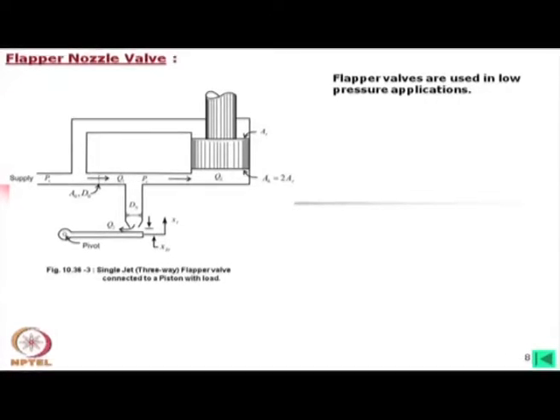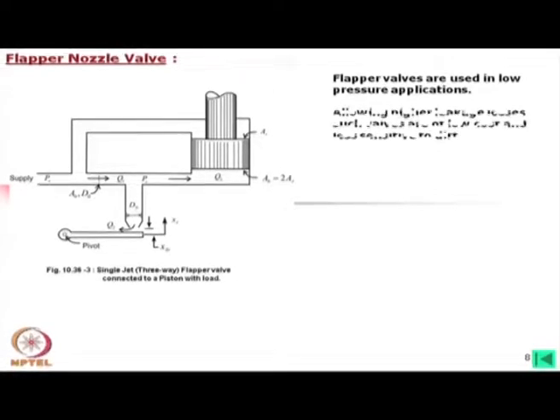Now, I have given the idea of the three-way spool valve. Similarly, there are three-way flapper nozzle valves also. In the flapper nozzle valve, we will see some advantage over the spool valve. First of all, it is less expensive, but mostly allows higher leakage losses.